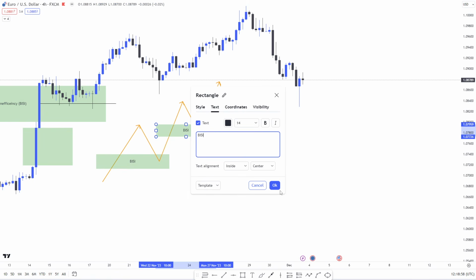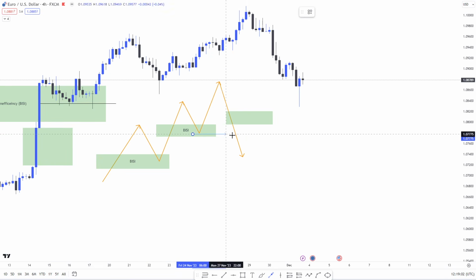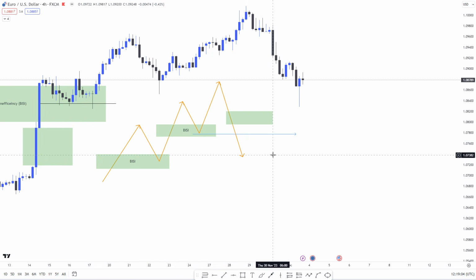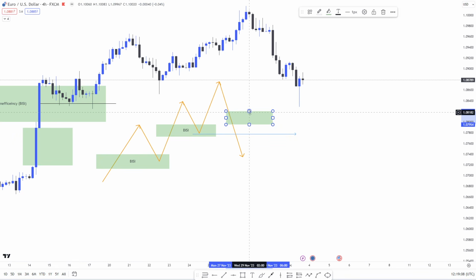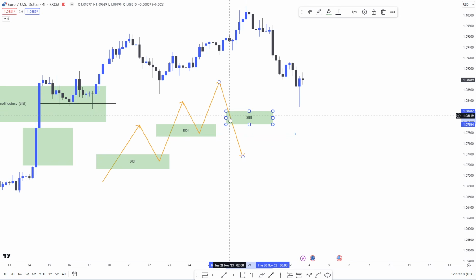Now, if price action sells and physically breaks this market structure here, what you are left with is more areas of inefficient price action. But now there are sellers in the market.